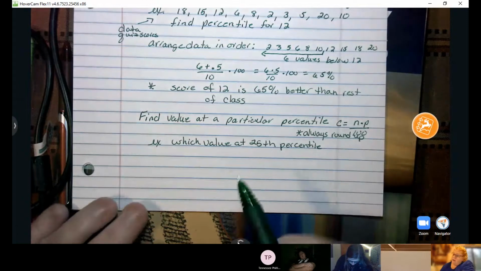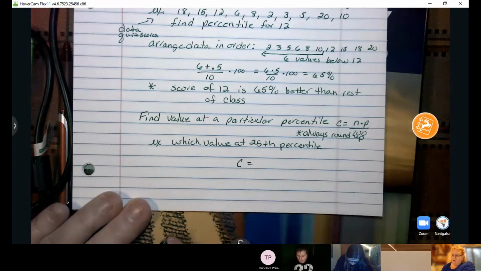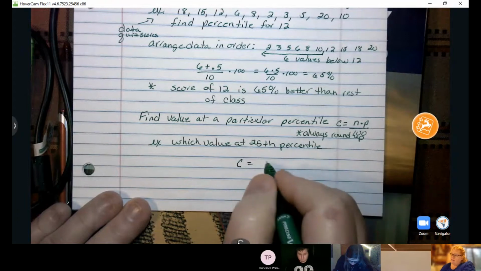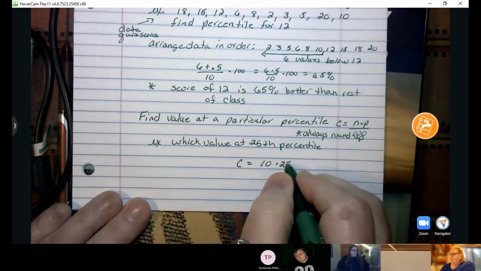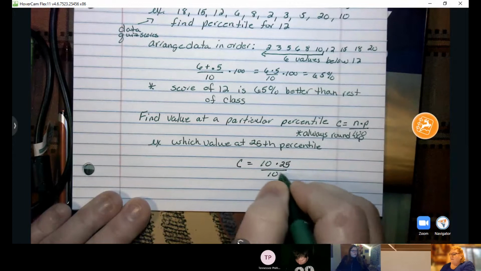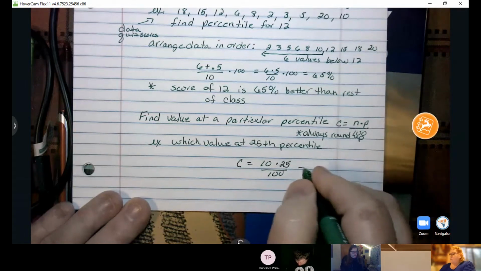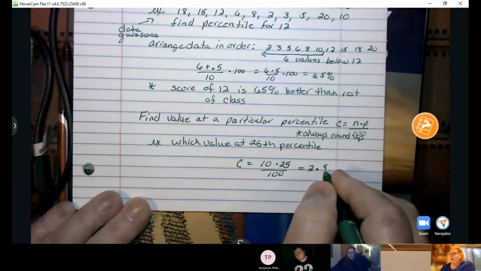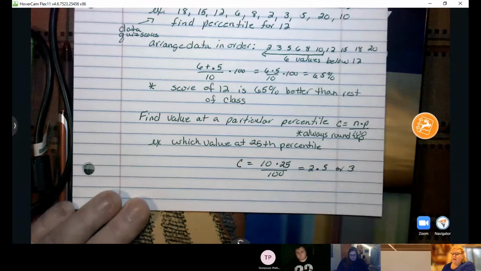So our value is going to be the number of total items, 10, times the percentile 25, divided by 100, which is going to give us 2.5. So when we round up, that gives us 3.